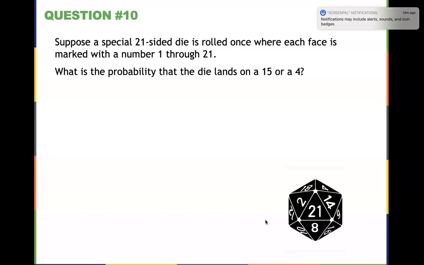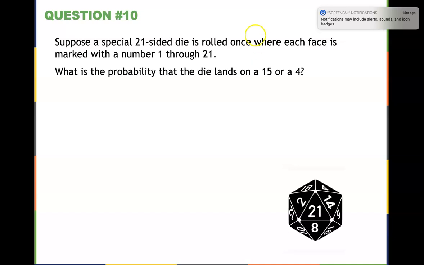Question 10. Suppose a special 21-sided die is rolled once, where each face is marked with a number 1 through 21. What is the probability that the die lands on a 15 or a 4? We want to note that we're rolling the die only once, and a die cannot land on both a 15 and a 4 at the same time.